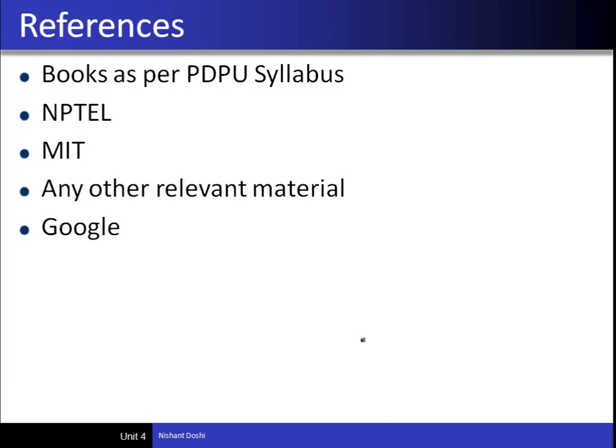For more details on activity selection, backtracking, state space tree, or any other problems, you can refer to other videos as well as books as per the syllabus, NPTEL, MIT videos, and any other relevant material on this problem, and try to link them.